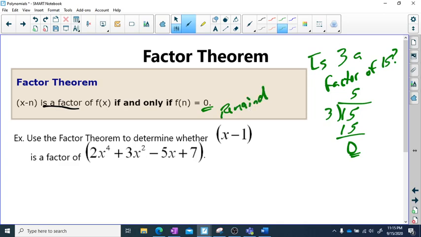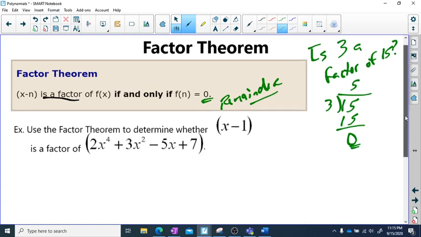Well, all this is saying is that if you do that and the answer works out to be 0, that just means that this polynomial is a factor of this polynomial, because when you did the division out, you wouldn't get a remainder. So I would know that, for example, x minus whatever is a factor of whatever that polynomial is. So for example, let's look at how this will all play out.